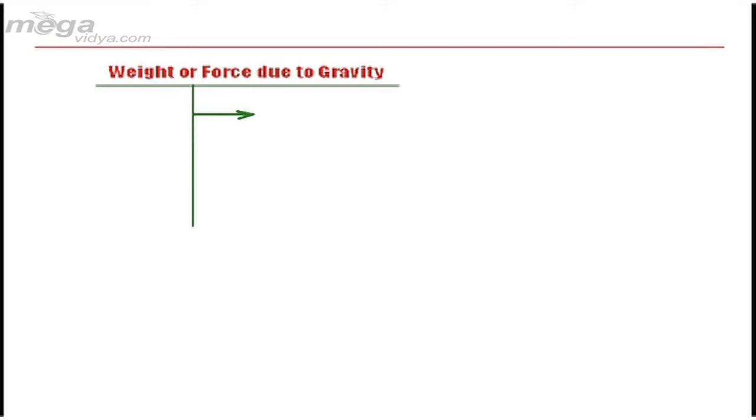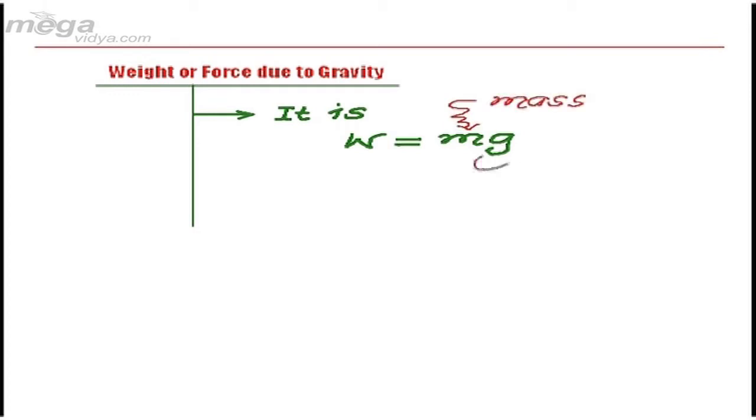It is represented by W and has a magnitude equal to mass multiplied by acceleration due to gravity, that is, W = m into g.